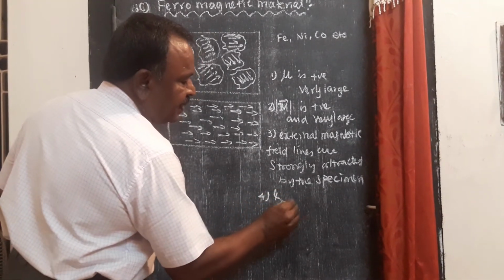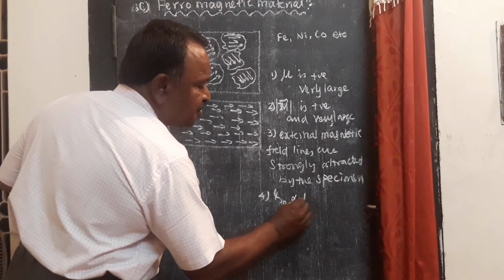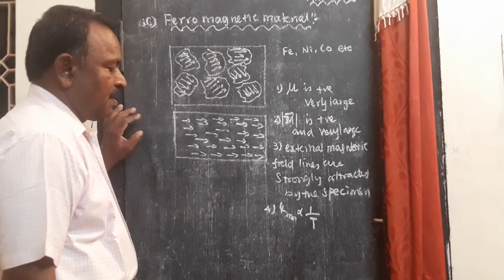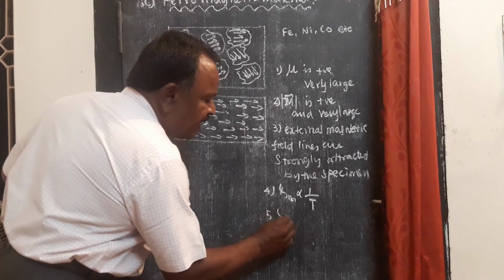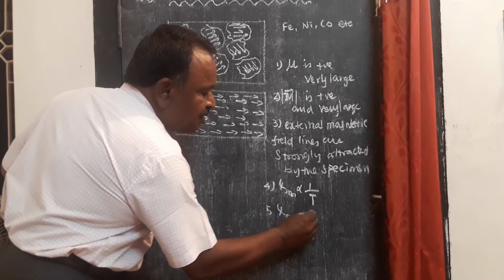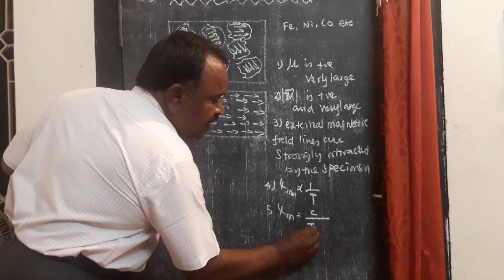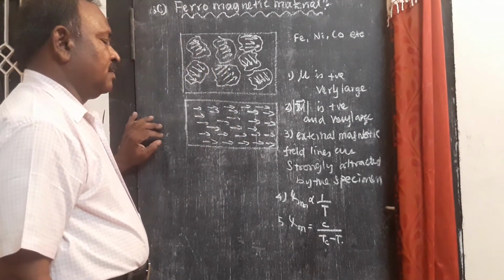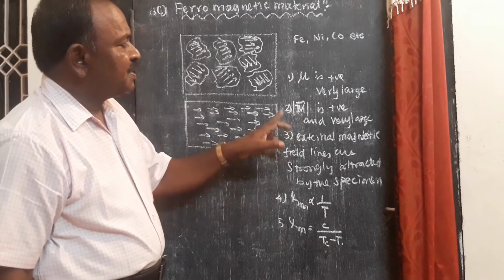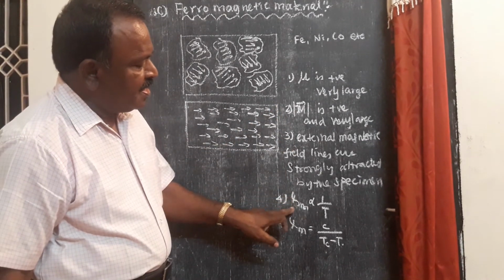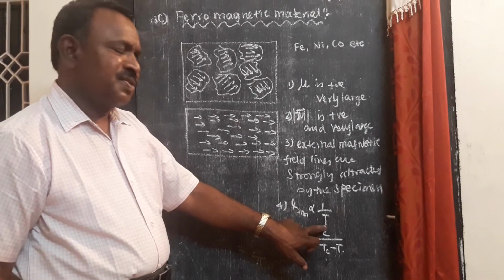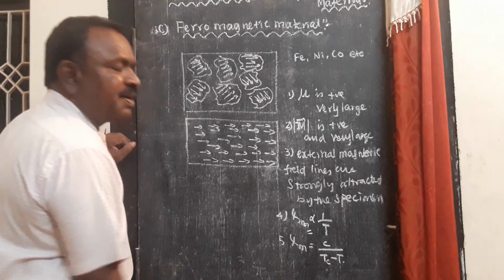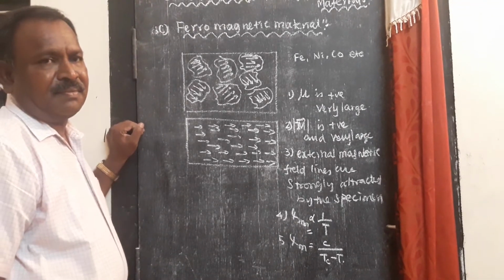Susceptibility Km is inversely proportional to temperature, and its value is given by Km equals C by Tc minus T. Since Km depends on temperature, as the temperature increases, susceptibility decreases.